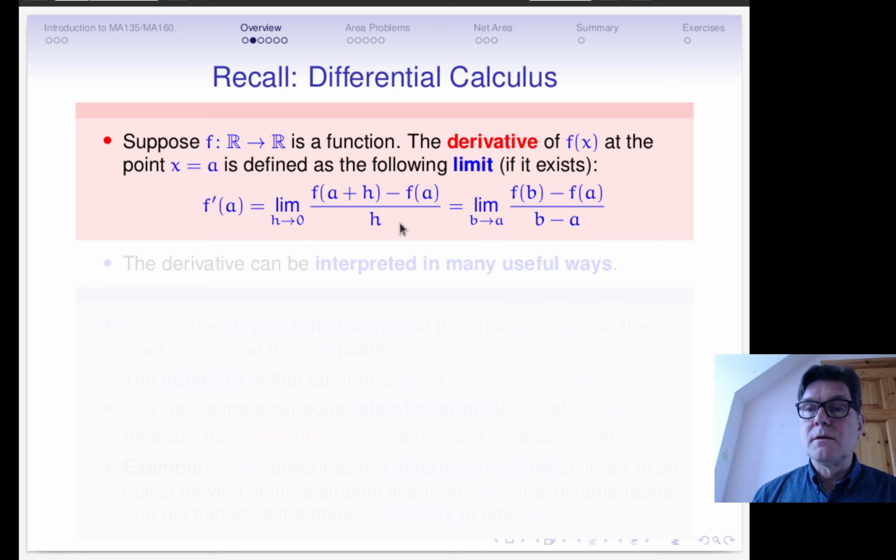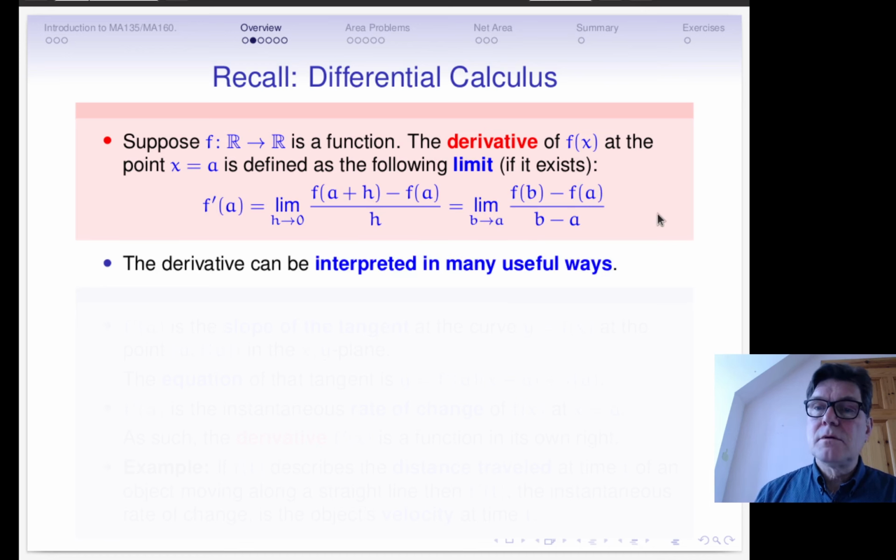Or in a similar but equivalent formulation, using 2 points a and b on the real number line, it's the limit as b approaches a of the quotient of the difference of the function values f of b and f of a by the difference of the x values b minus a.